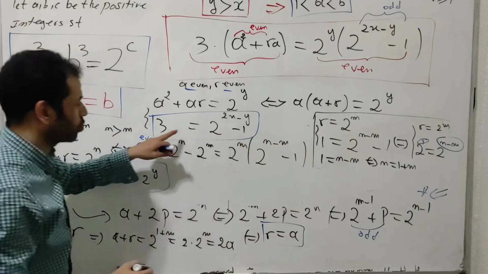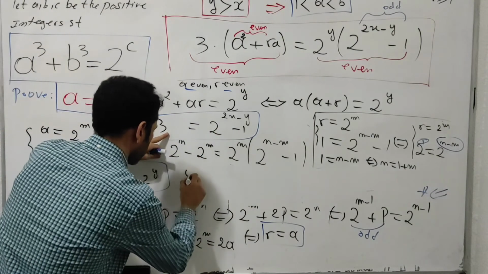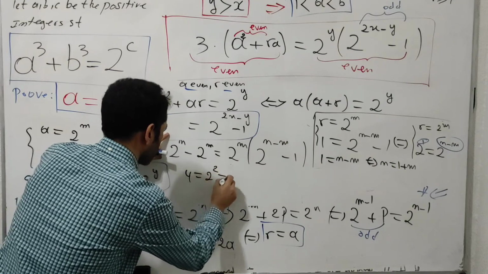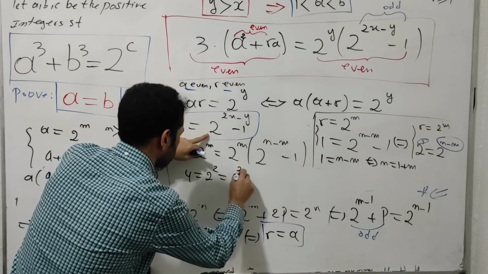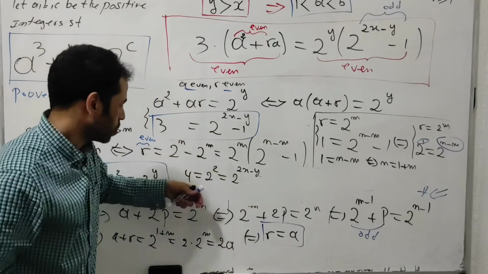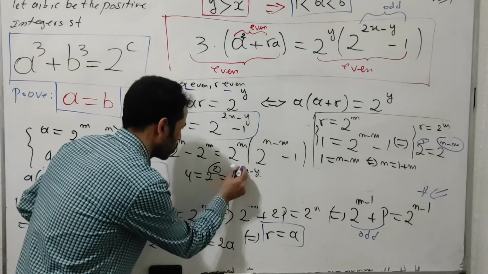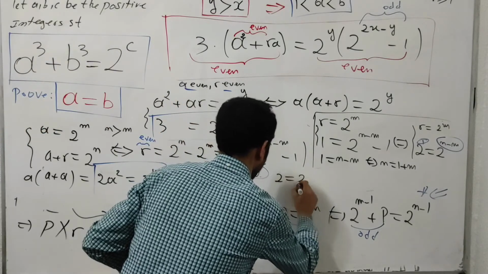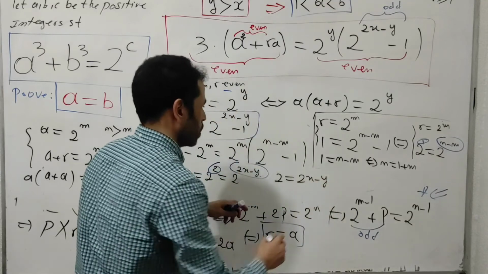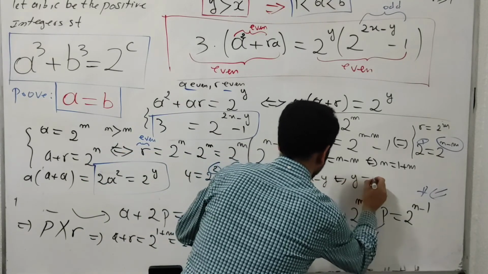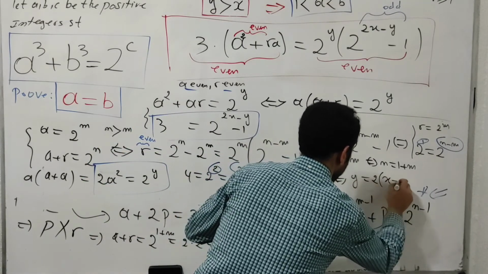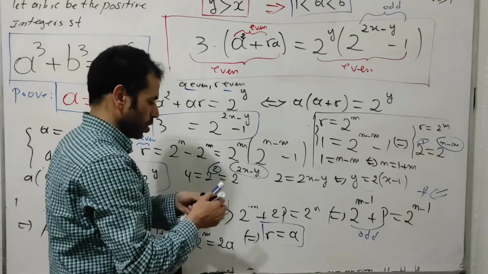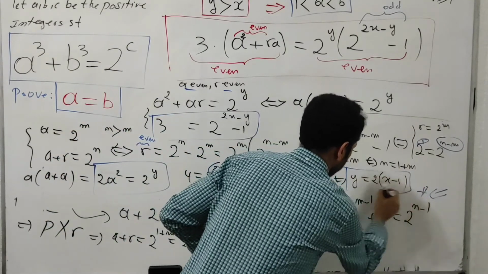By taking minus 1 to the left, I will get 4, which is 2 squared, giving us 2 to the 2x minus y. So I will have this exponent 2 equals 2x minus y, equivalent to y equals 2 multiplied by x minus 1. So this is the relationship between x and y.